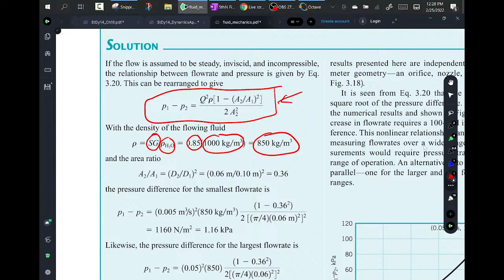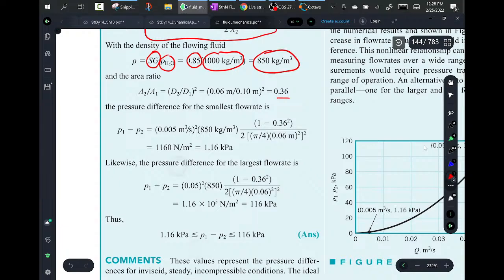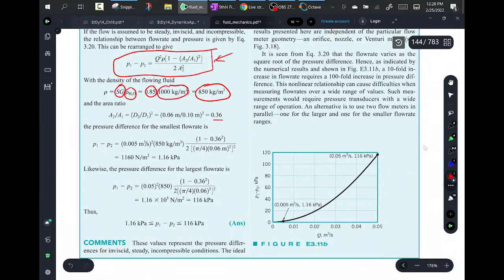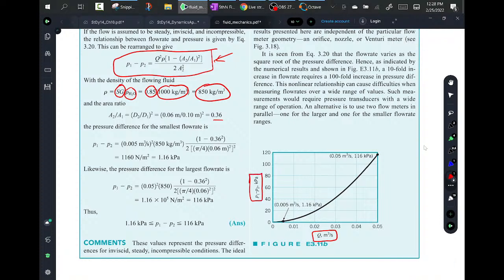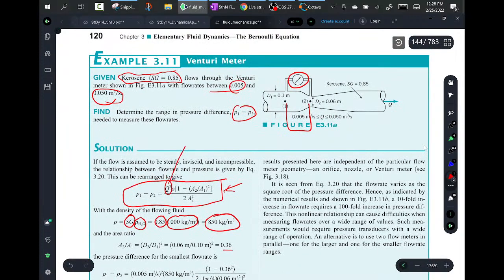He takes the area difference, takes his pressure differences, and then he looks at the flow rate across the x-axis and the pressure difference across the y. I think I would have flipped those, but that's okay. So you see that it's quadratic. Well, that makes sense. Look, there's a quadratic term right there.